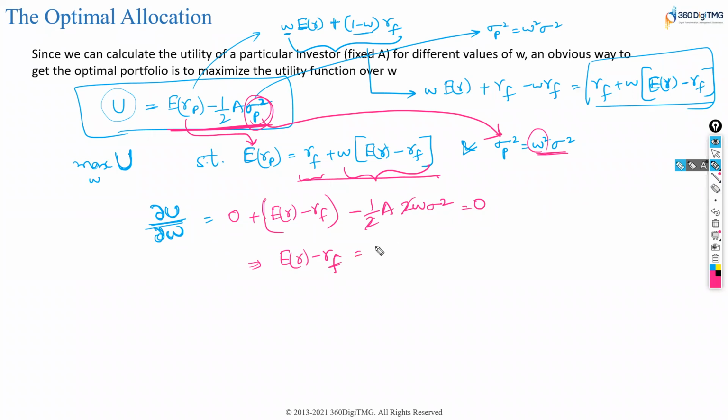So this can be written as A W sigma square. This implies that W is equal to ER minus RF divided by A sigma square. Okay, this is what we got.